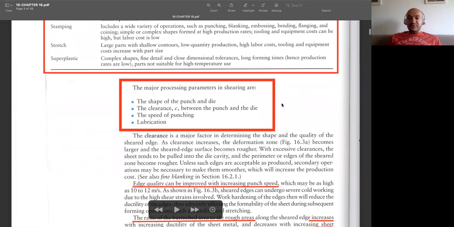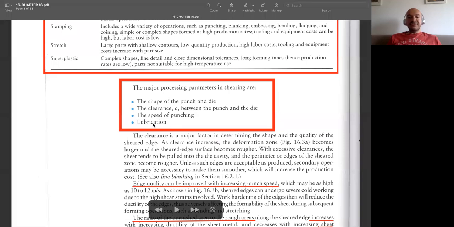In shearing operations, what are the important issues? The shape of the punch and the die, obviously, since they decide the resulting part. The diameter of the resulting part is determined by the punch and the die. The clearance, as I said, is highly important. The speed of punching determines the quality of your side surfaces.